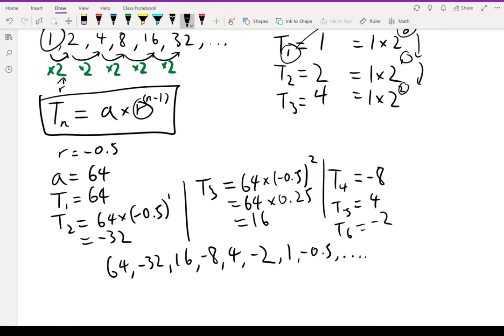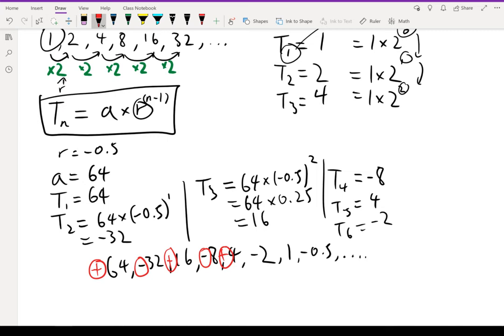We can already see that each term has an alternating sign, sign as in whether it's positive or negative. So this is positive, this is positive, this is negative, this is positive, this is negative, this is positive, this is negative. The reason that happens is every single time we are multiplying by a negative. When we multiply a negative by a negative, it becomes positive, and if we multiply a positive by a negative, it becomes negative.